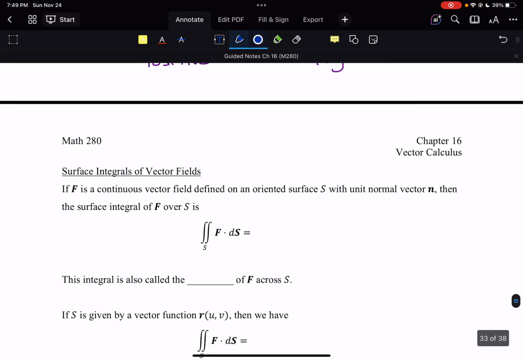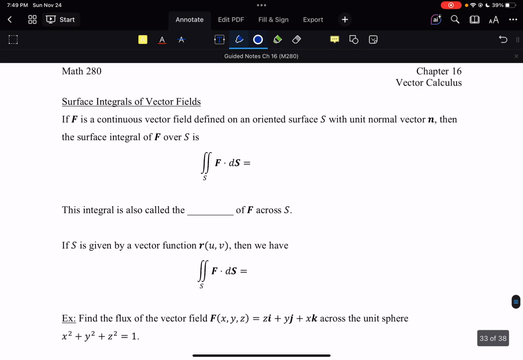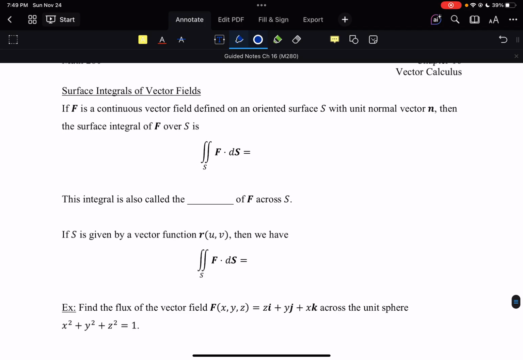So if F is a continuous vector field defined on an oriented surface S with unit normal vector n, then the surface integral of F over the surface S is given with this. So this is the surface integral over S of F dot dS, and yes, these are both bolded. That will be equal to the surface integral over S of F dot n dS. So the vector field dotted with that unit normal vector.